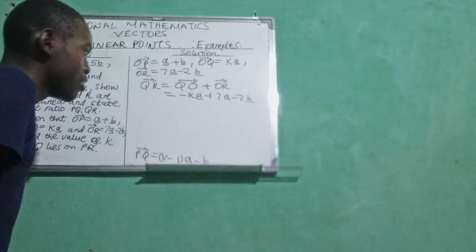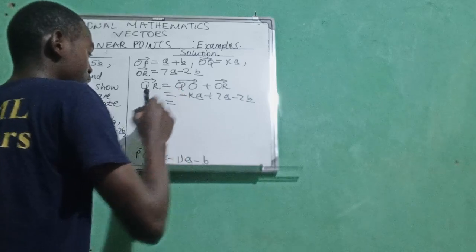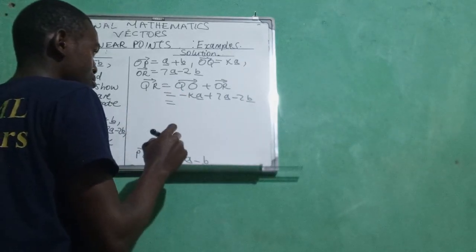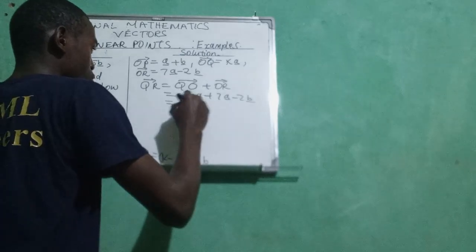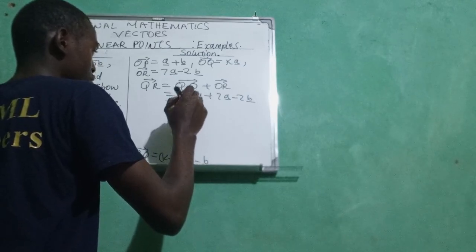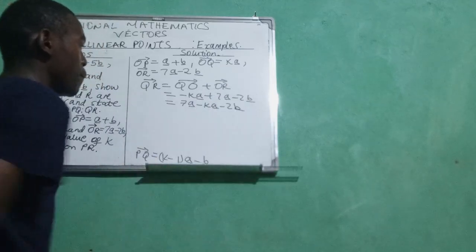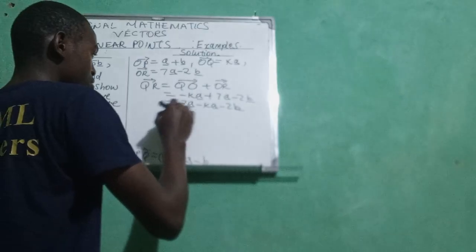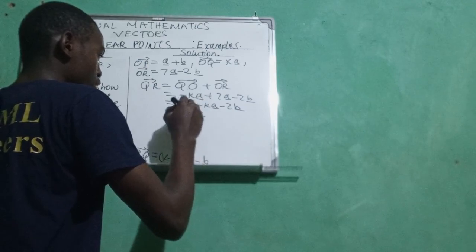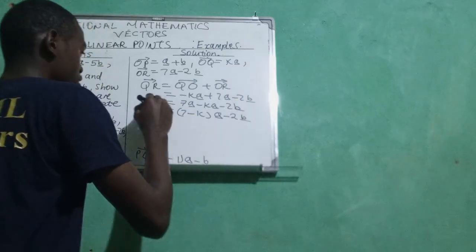Then we substitute, we group like terms together, the ones having vector A. So let's do this: 7 of vector A minus K of vector A minus 2 of vector B. And then we factor out the vector A. This will be 7 minus K of vector A minus 2 of vector B. This is QR.